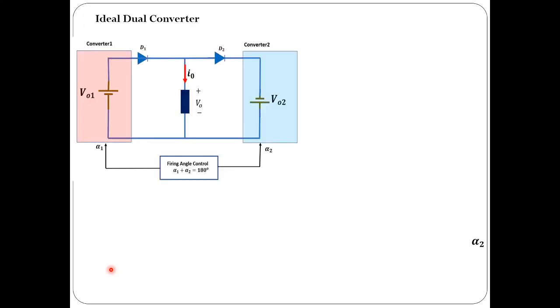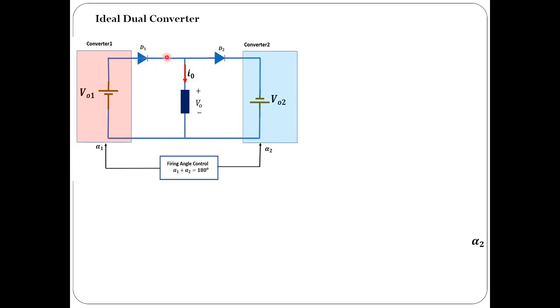Now let us see ideal dual converter operation. Again, you need to use 2 full converters in anti-parallel across the load, and that is what is indicated here. Converter 1 is indicated with this battery along with diode 1, and the second converter is indicated with converter 2 along with diode 2.